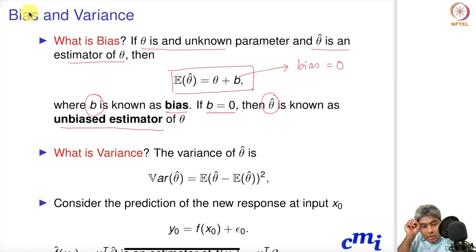Now what is variance? The variance of theta hat is the expected value of theta hat minus the expected value of theta hat, whole squared. So this is typically the definition of bias of an estimator and variance of an estimator in statistics.